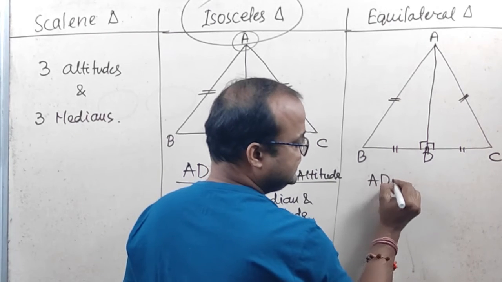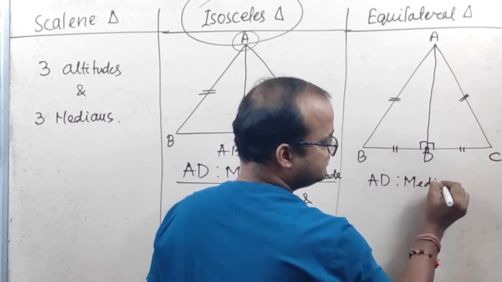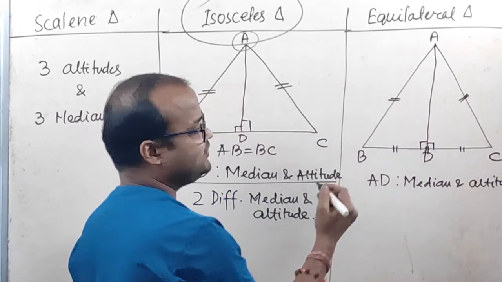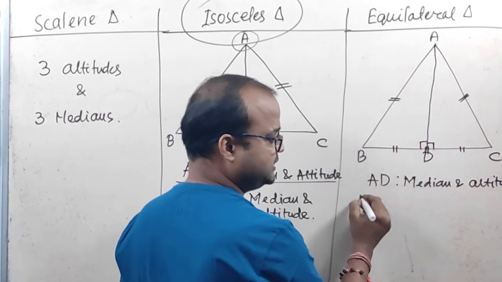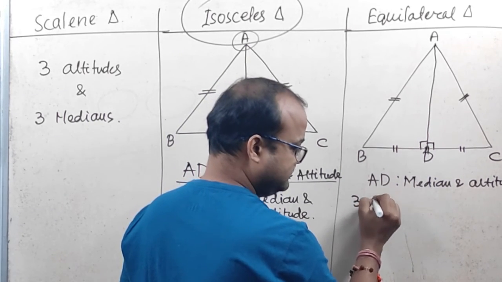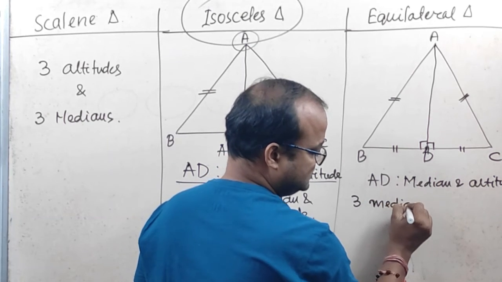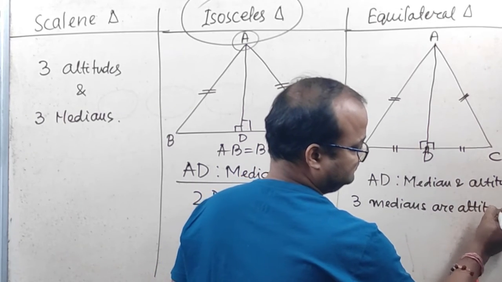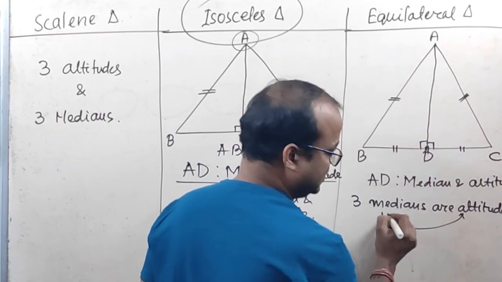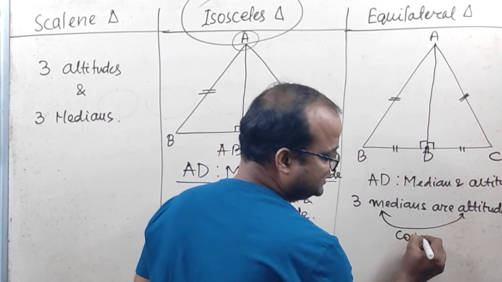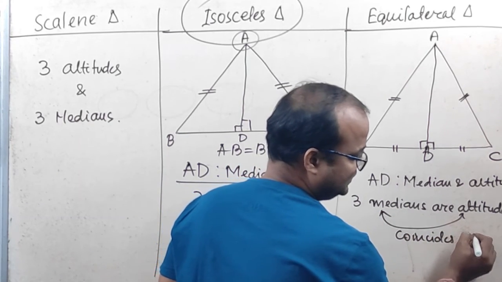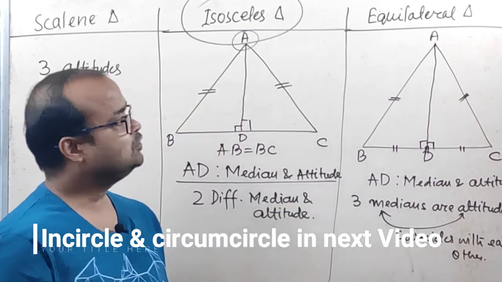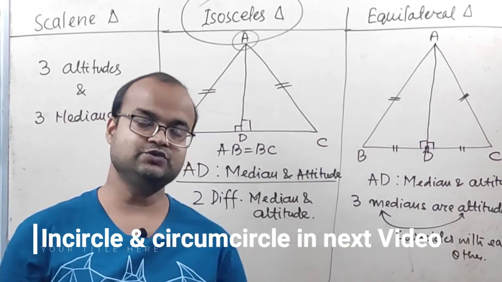Then you can say AD is median and altitude. So in case of an equilateral triangle, all the 3 medians are altitudes. That means the median and altitude coincide with each other. So we learn about altitude and median.